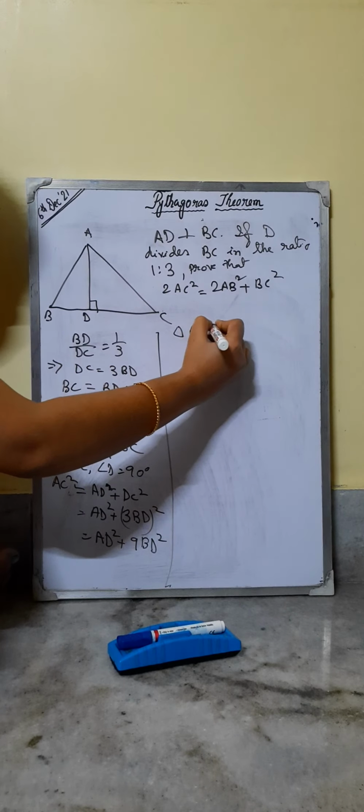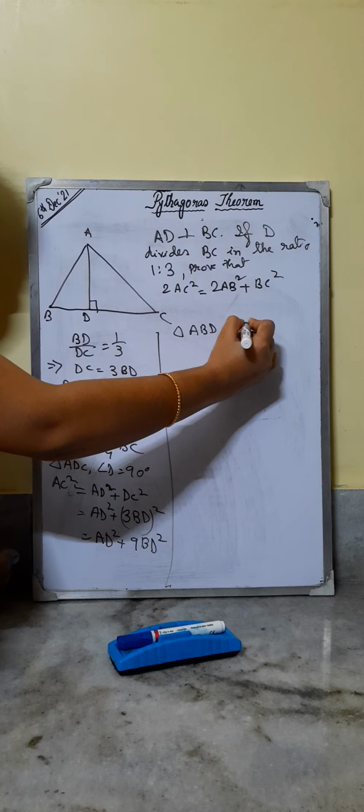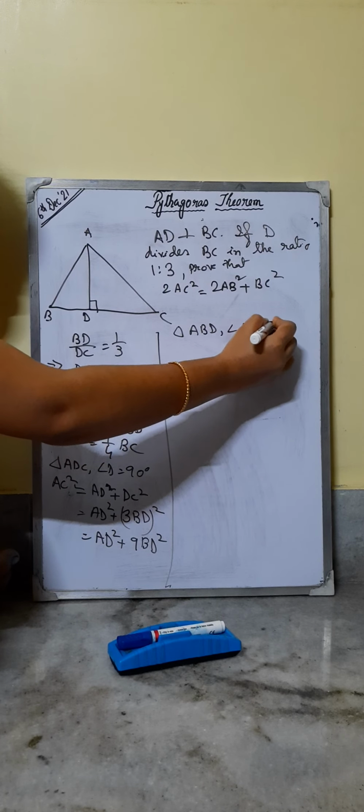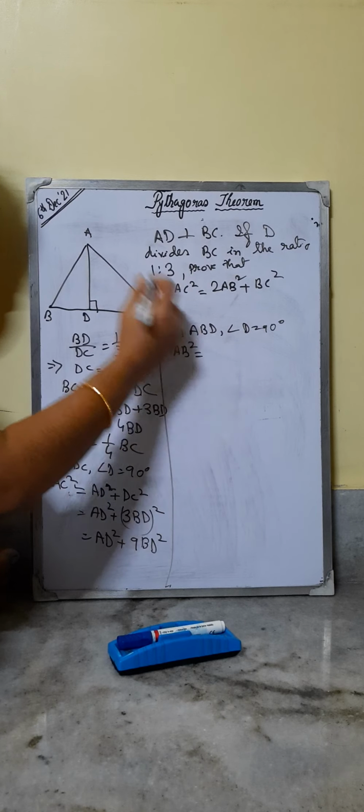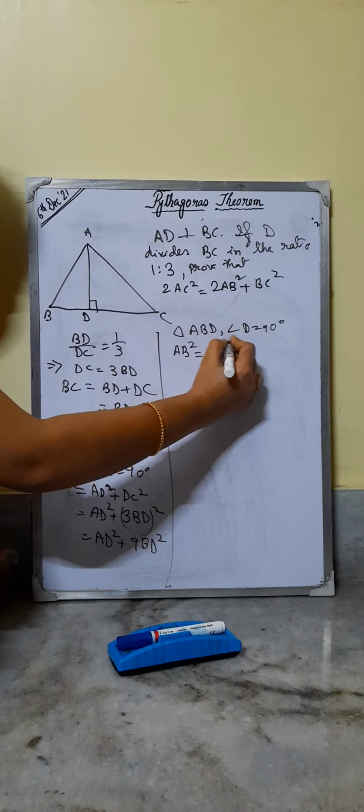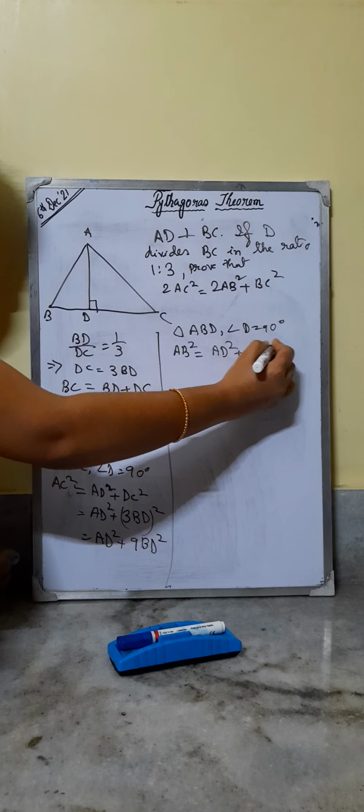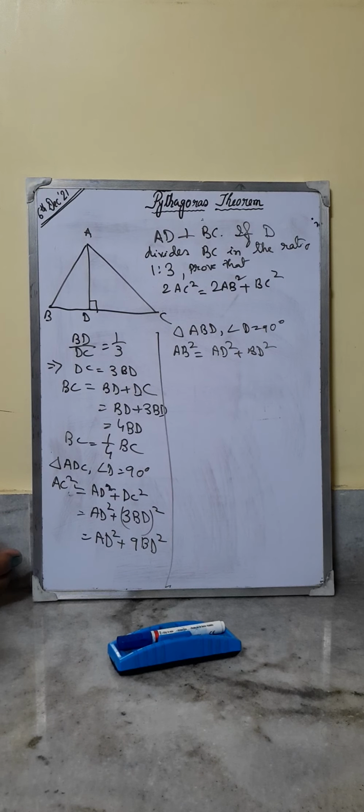Now similarly, the triangle ABD, where also angle D equals 90 degrees. So AB square equals AD square plus BD square. Now, you have to prove that 2AC square equals 2AB square plus BC square.